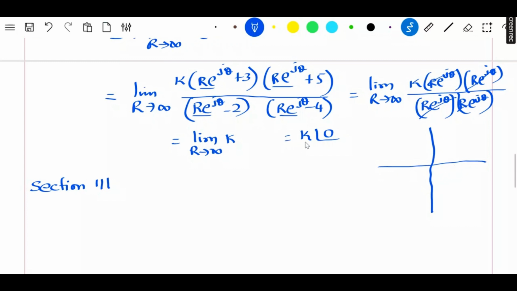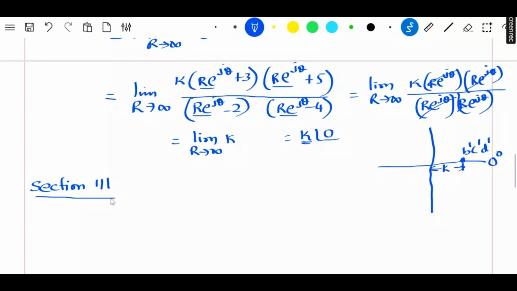Now k is the magnitude at 0 degree. So this is 0 degree and the magnitude k is this. Now this is the place where your b dash, c dash, d dash will come. So magnitude is not 0 now, magnitude is k.